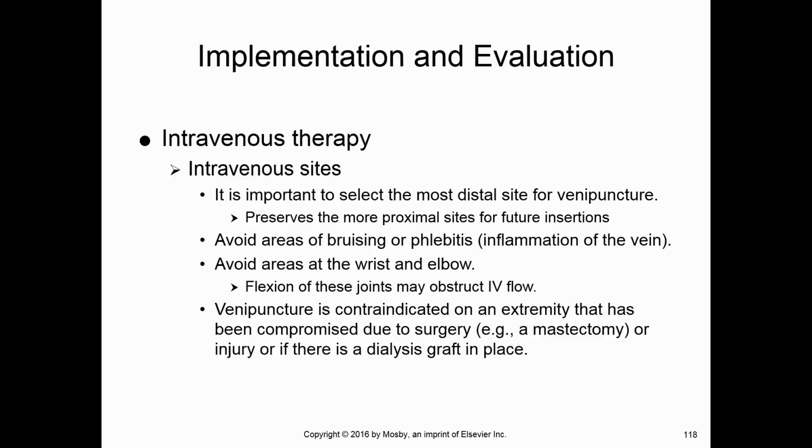You want to avoid the wrist and the elbow region. Well, because they bend, and if they bend, they could occlude or kink off your catheter that's in your vein, okay? And then you can't use any venous sites on a surgical limb.